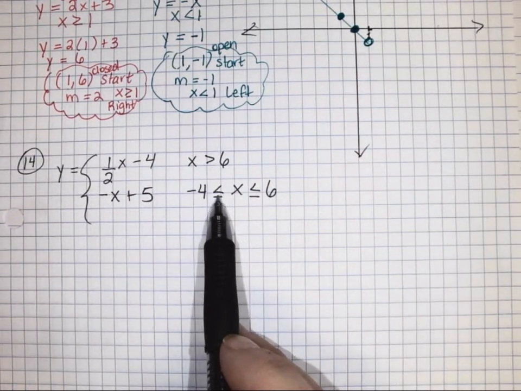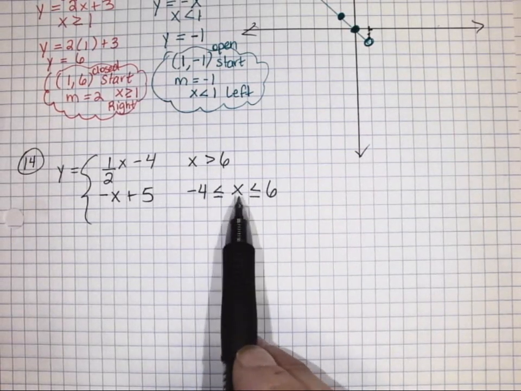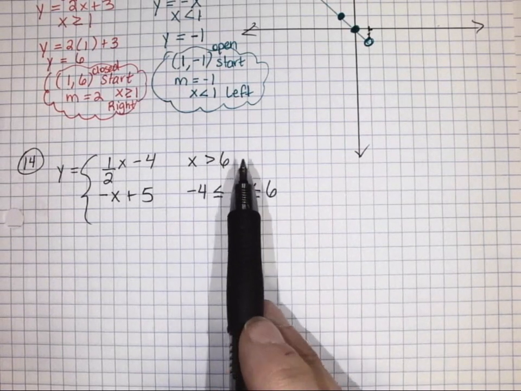Notice that those are both less than or equal to, so those holes will both be shaded in. This hole is going to be open.